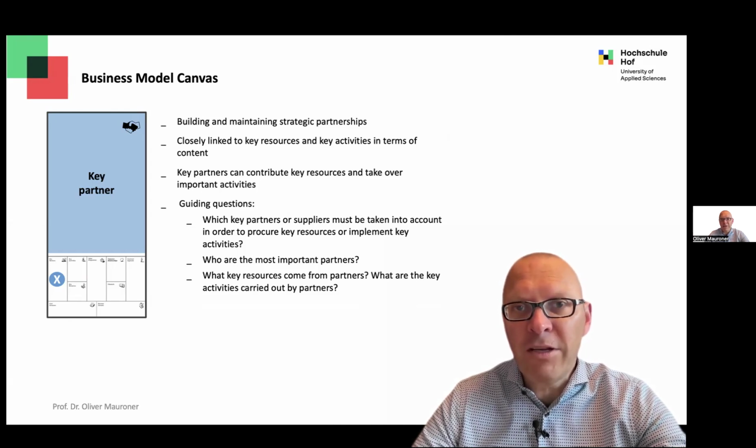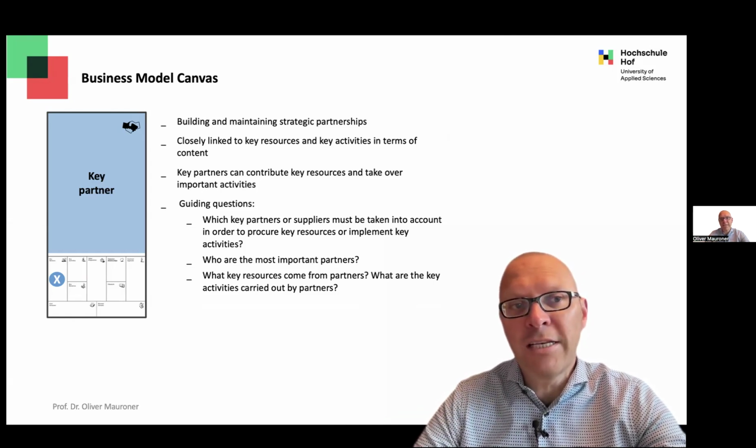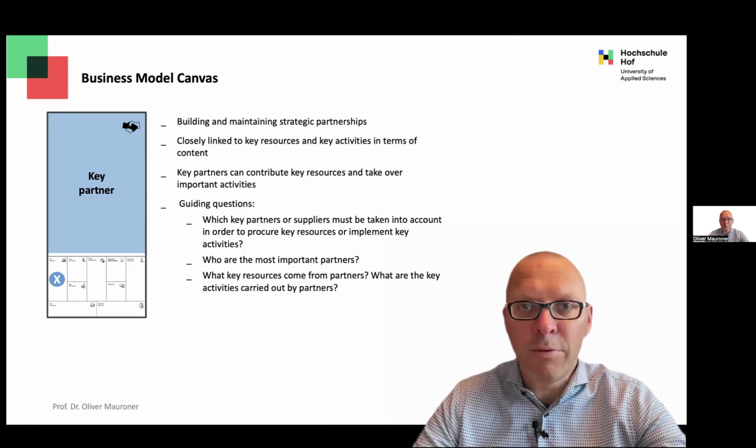Partners can be very diverse. So, for example, suppliers, distributors, content partners, alliances, and joint ventures. So partners can be closely linked to resources and to activities. They can contribute to the key resources and take over important activities. Strong partnerships improve the operations and reduce the risks.